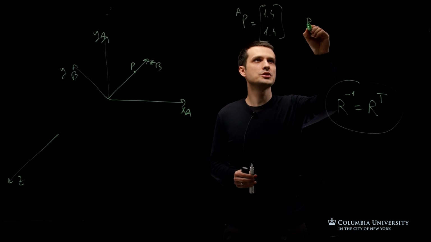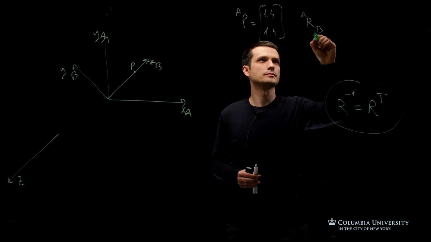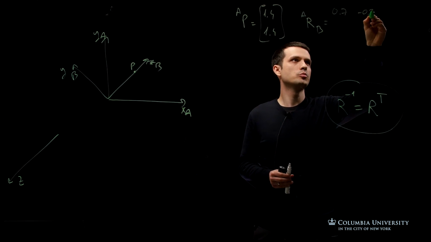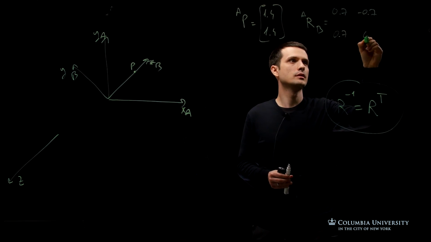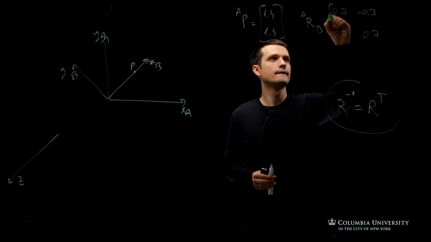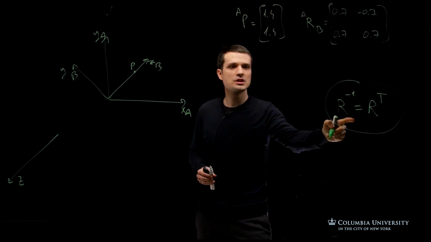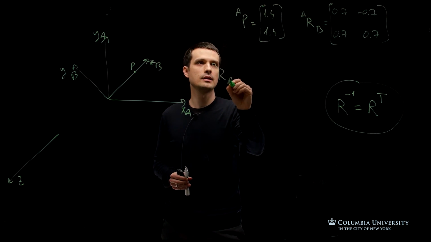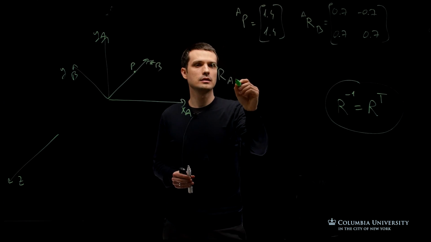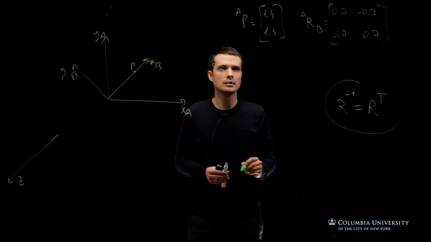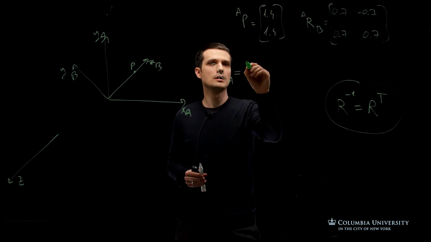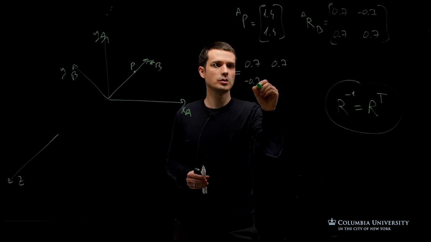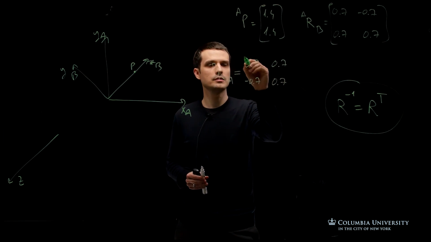And the rotation from A to B was 0.7, minus 0.7, 0.7, 0.7. So using this handy rule, the rotation from B to A is going to be 0.7, 0.7, minus 0.7, 0.7.